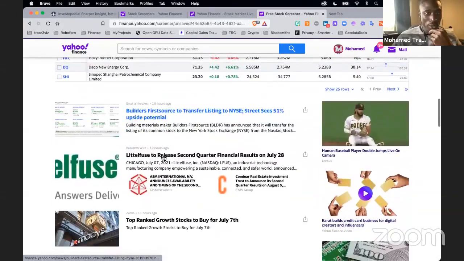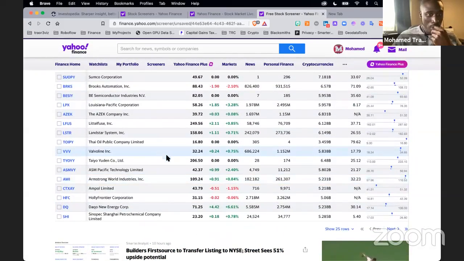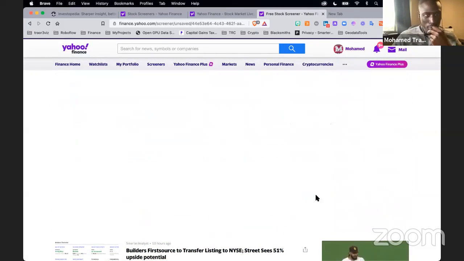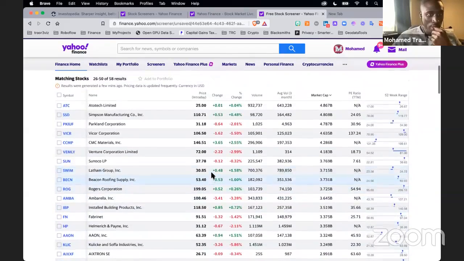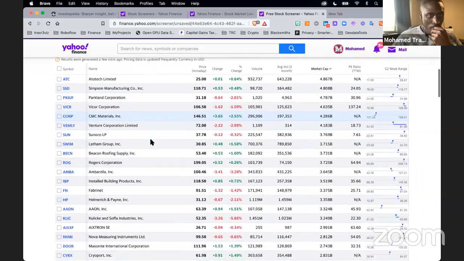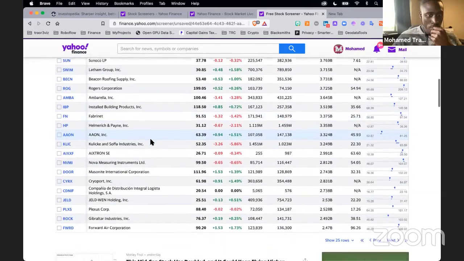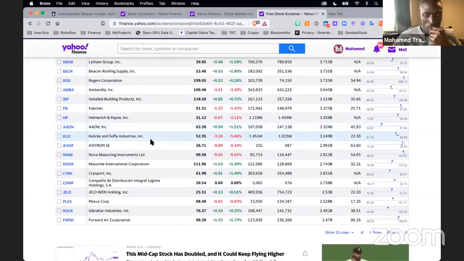There's a few links and everything on here that are related to these. Next page, Sonico. No, that's oil sector. Venture Corporation. Plexus, Gibraltar Industries.